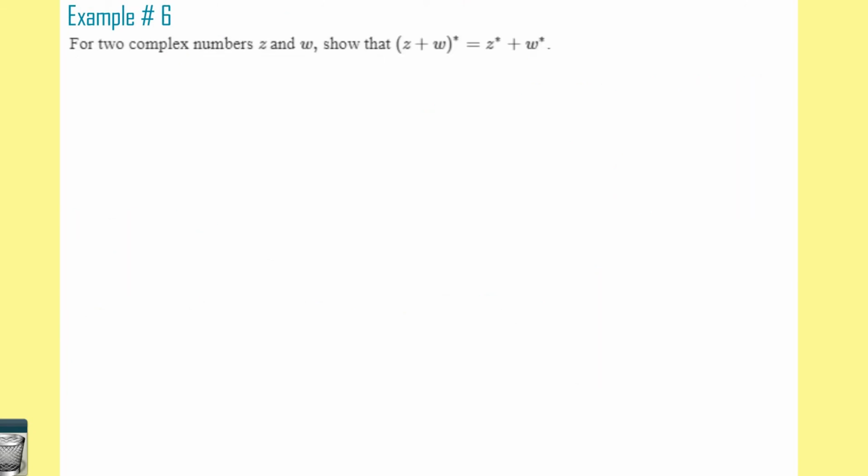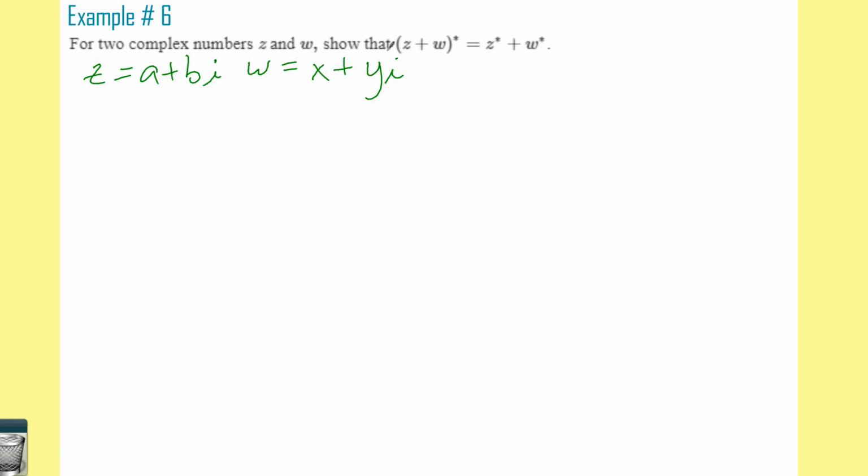All right, example 6. For two complex numbers, show that this is true. That little star means the conjugate. I'm going to prove this by making z equal a plus bi, and w equal x plus yi.